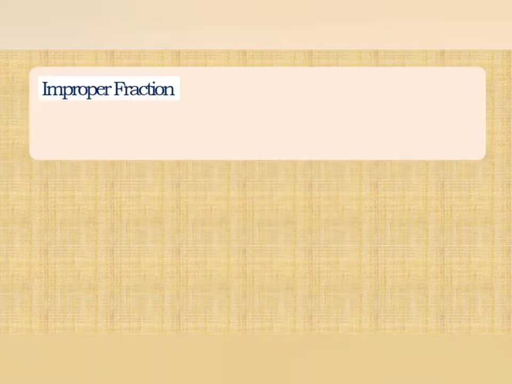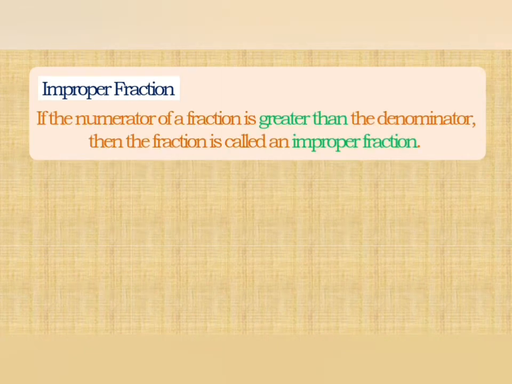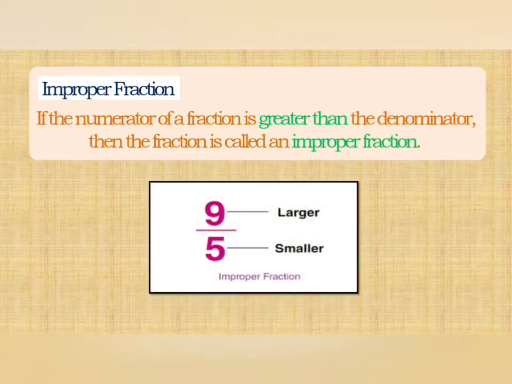Next, improper fraction. When comparing the denominator, numerator should be greater. I tell you with an example 9 by 5. Here numerator is greater than the denominator, so it is an improper fraction.